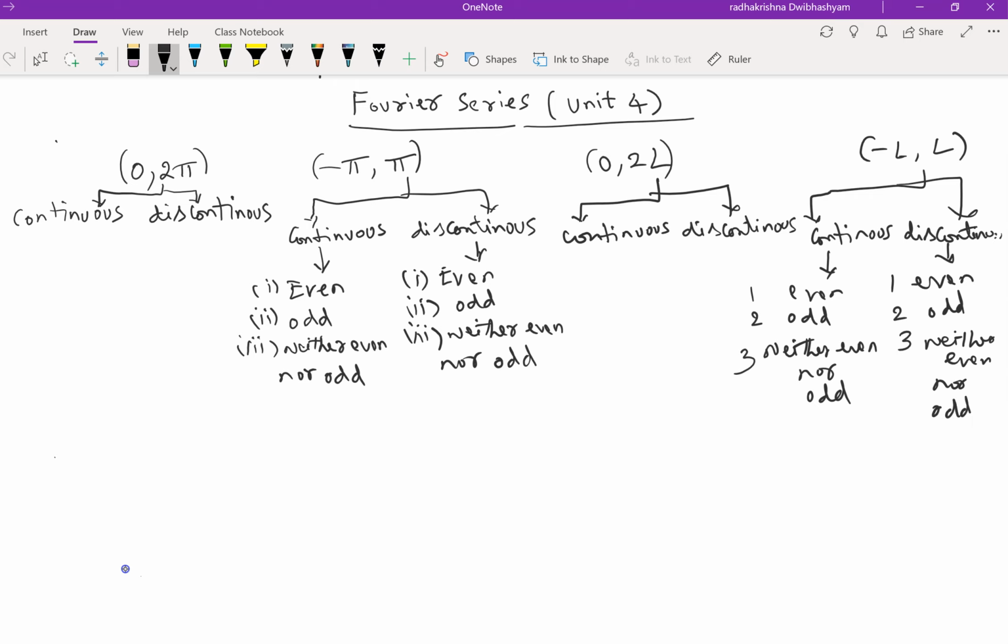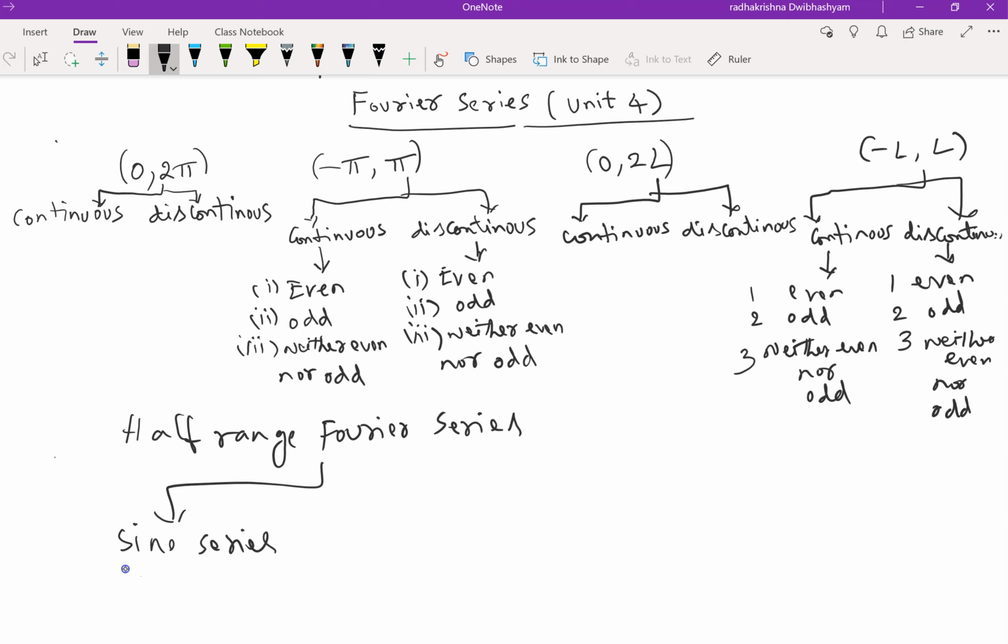Okay, and one more concept we are going to study, half range Fourier series. In this half range Fourier series, there are half range sine series and half range cosine series.